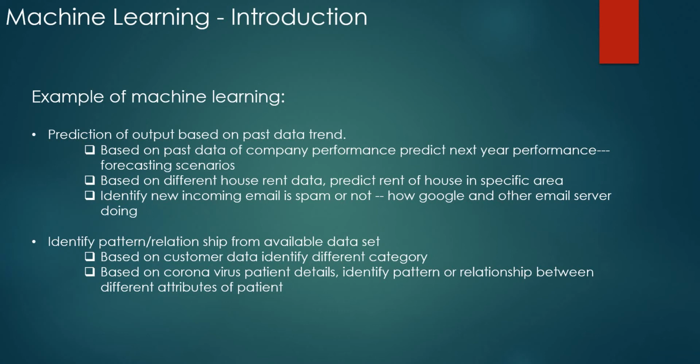For example, we have company performance data available for the last 10 years for one company, where we have all the details of the company, like how many employees the company has, which domain the company is in, what the raw material cost was for that particular year, how the company was performing, what the demand of that sector was in that particular year, and at the end of the data set, we know that with all these baseline things, the company has earned this many dollars.